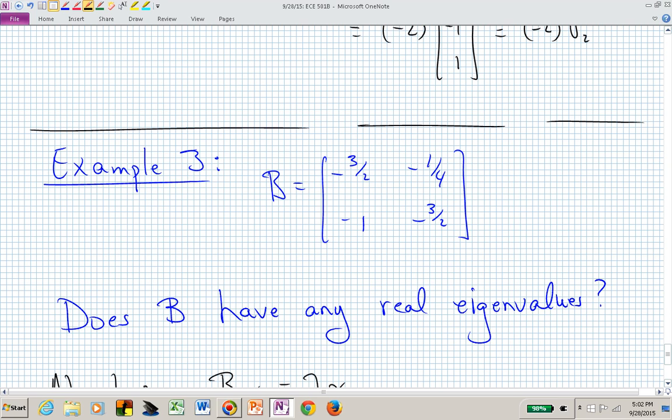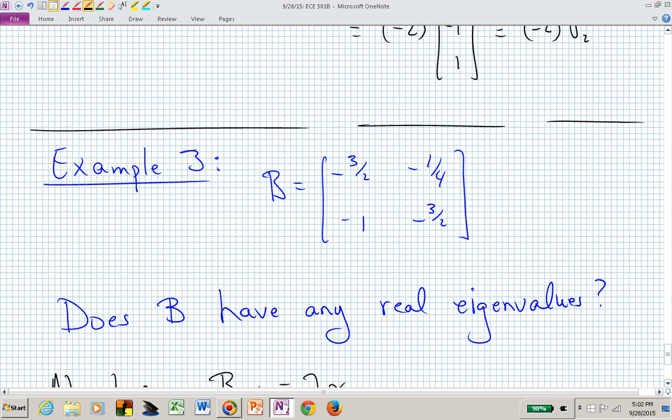Somebody might say, you need to have real eigenvalues or we're not going to talk. Or they might say, here's a matrix, tell me what the eigenvalues are, and then you might see some of these are complex, or they're real. You could compute them, and that's what we're going to do. We're going to see, does this matrix even have any eigenvalues that are real?